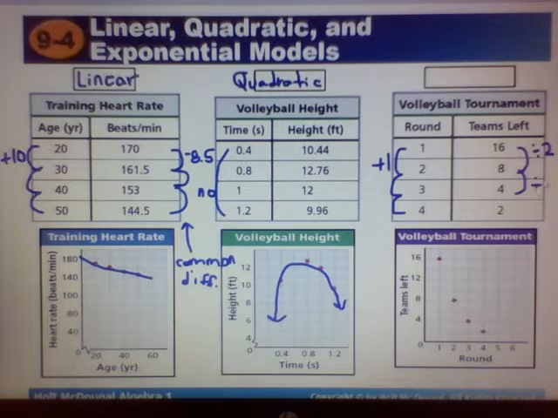So we have this common ratio. And again, this image represents what we're looking at, that kind of L-shaped curve that's going down or up very rapidly and then decreasing. In that case, this is going to be exponential.